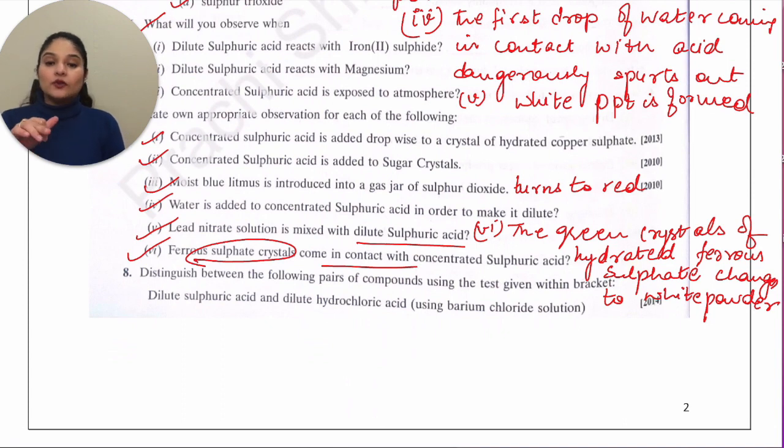When you have the first part, that means your sulfuric acid is reacting with barium chloride. You'll get a white PPT formation which is insoluble in all major mineral acids. So you can say a white PPT formed which is insoluble in mineral acids. And for the second one, in which they are saying HCl with barium chloride solution, there is no reaction there.